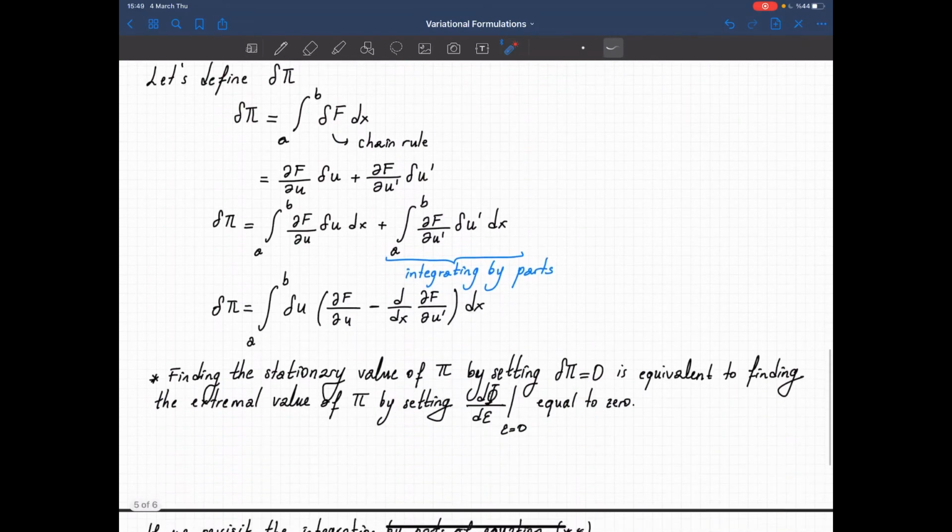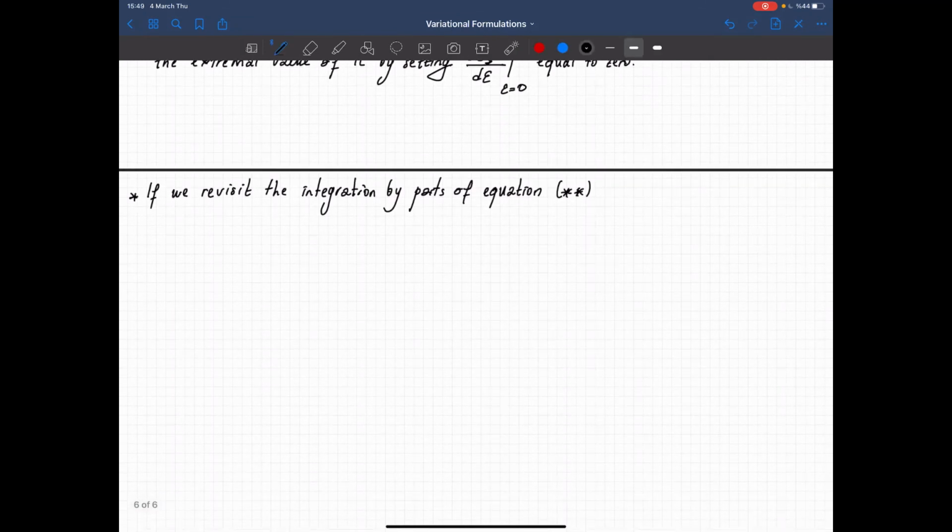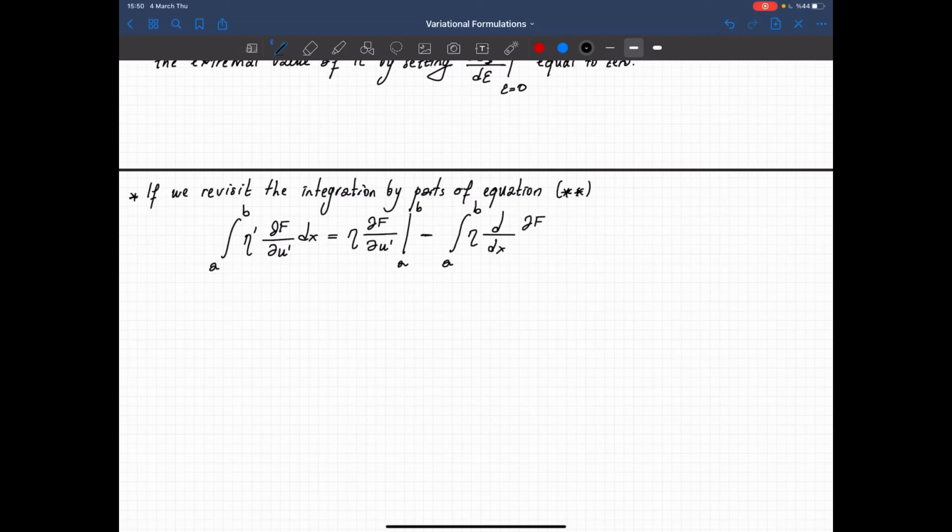So let's write it down here one more time. The integral of del f over del u prime nu prime dx is equal to nu del f over del u prime evaluated from a to b, minus the integral from a to b of nu d over dx of del f over del u prime dx.